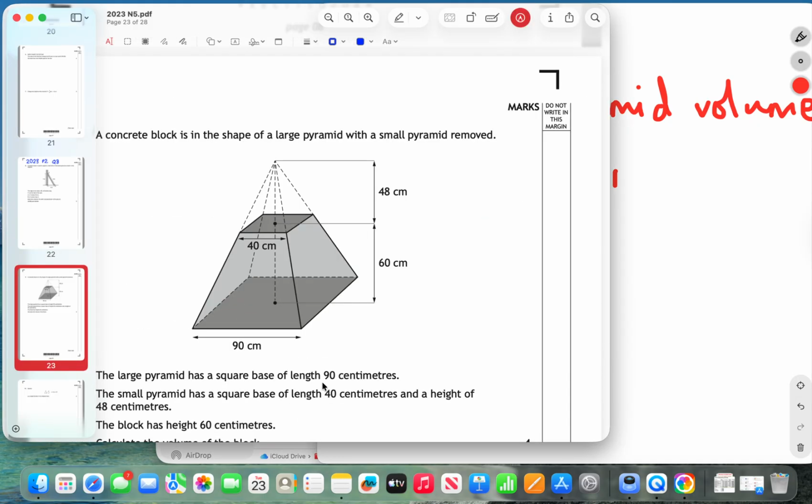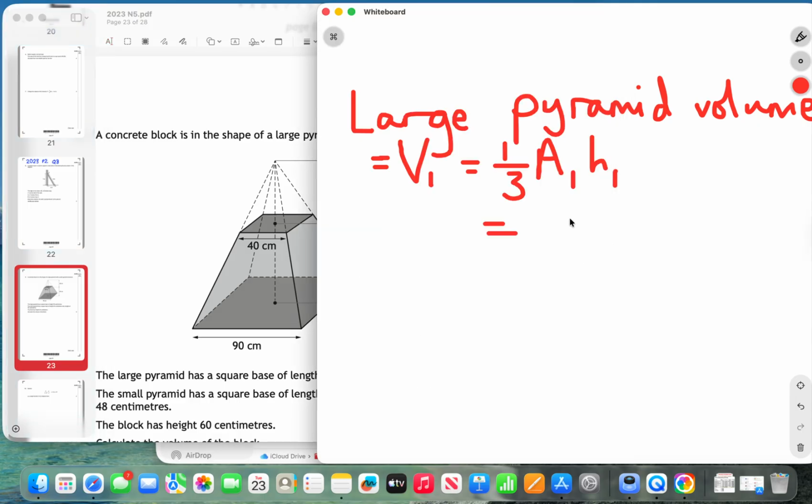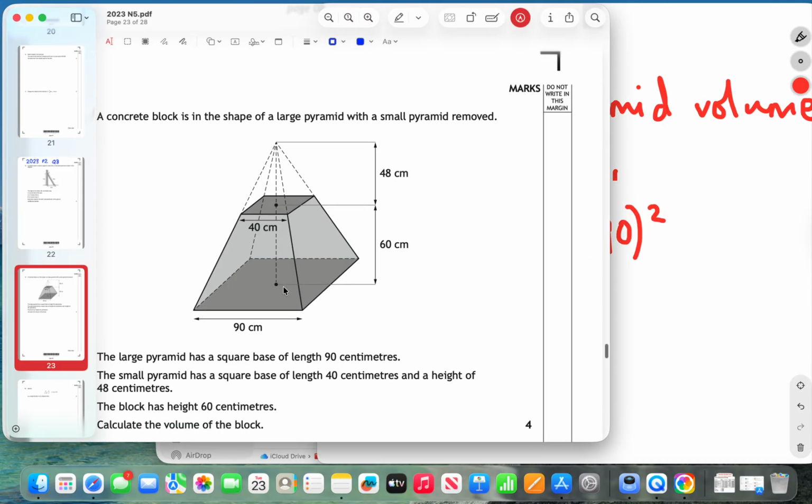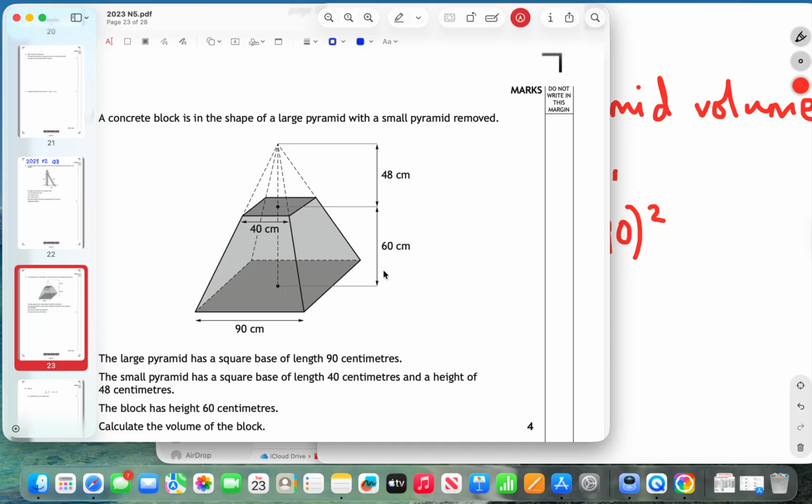So the large pyramid has a square base of length 90 centimeters, and we need to find A, the area of the base, which equals 90 squared. And the height of the large pyramid is the total height of this combined.